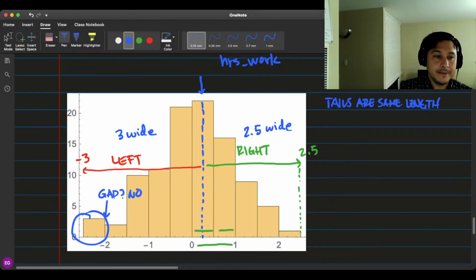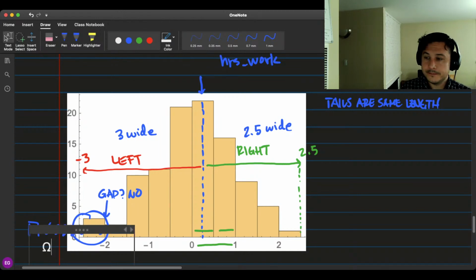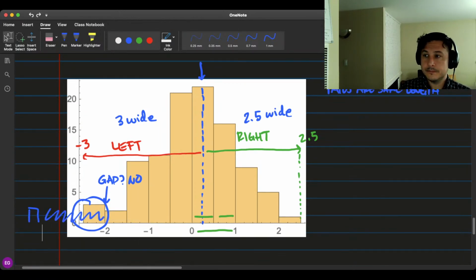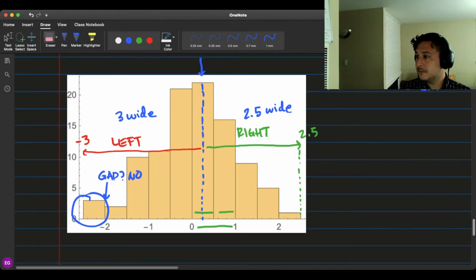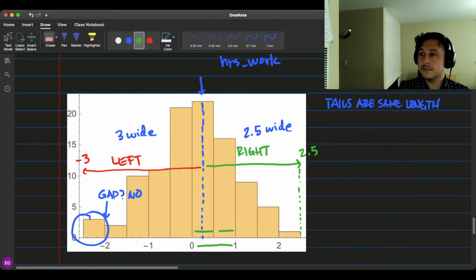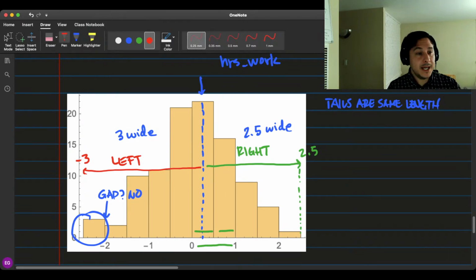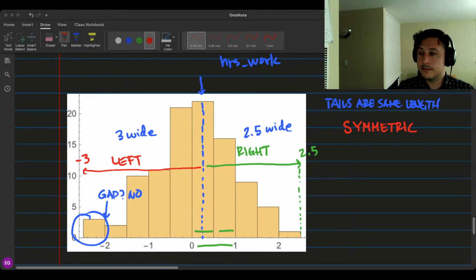Yeah, there'd need to be a gap, out here somewhere, blank. Now because the tails are the same length, it is not skewed. This is what we call symmetric. The shape is symmetric, so we would call this a symmetric distribution.